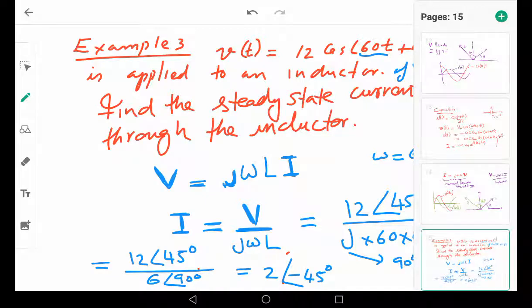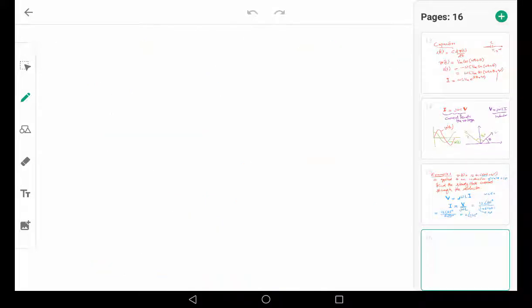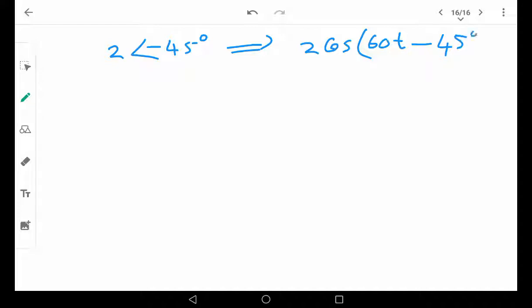So the answer will come as 2 angle minus 45 degrees in phasor term. You can convert it into time domain as 2 cos, and the frequency does not change for linear elements, so 2 cos(60t minus 45 degree) ampere. This is how you can find the answer for questions using the phasor technique, right? Understand?